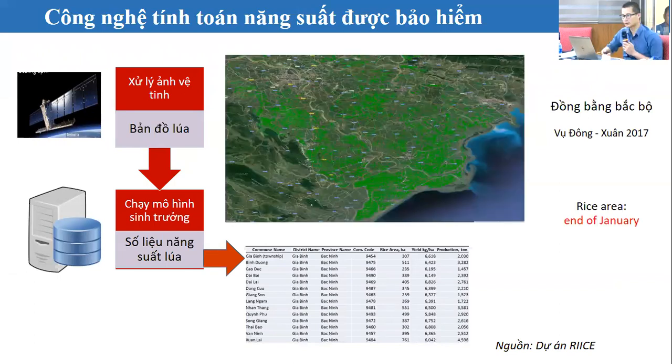Ở đây là giải thích về công nghệ tính toán năng suất được bảo hiểm. Công nghệ này tương đối đơn giản, dựa vào bản đồ được chụp bởi ảnh vệ tinh.